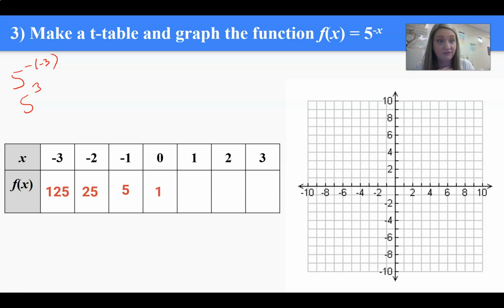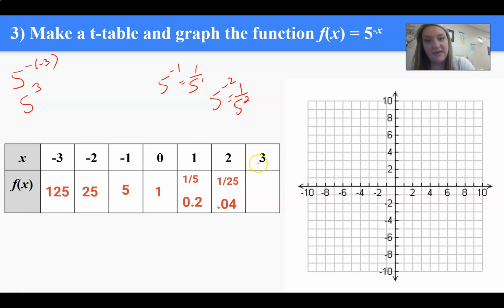Now 5 to the 1 power, all right. Remember, that flips it over, so it becomes 1/5. Negative 2 is 5 to the negative 2 power, which becomes 1/5 squared, which is 1/25. And then 5 to the negative 3 becomes 1/5 cubed, so 1/125, or 0.008.